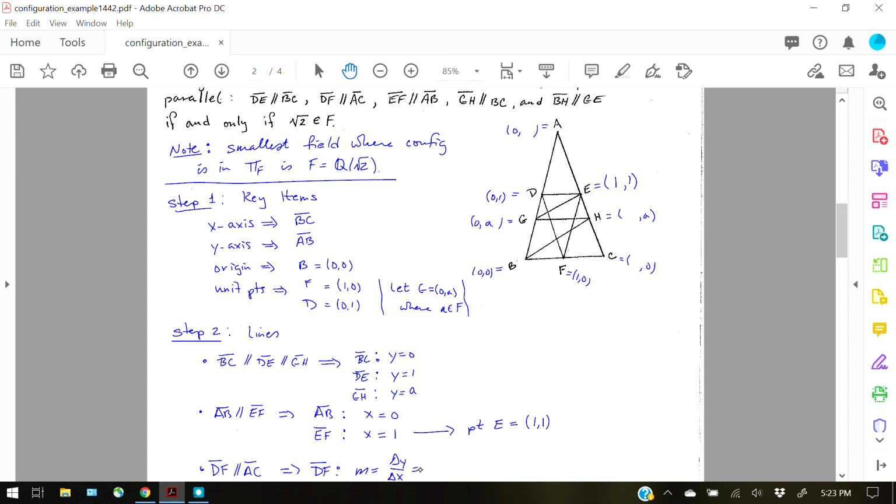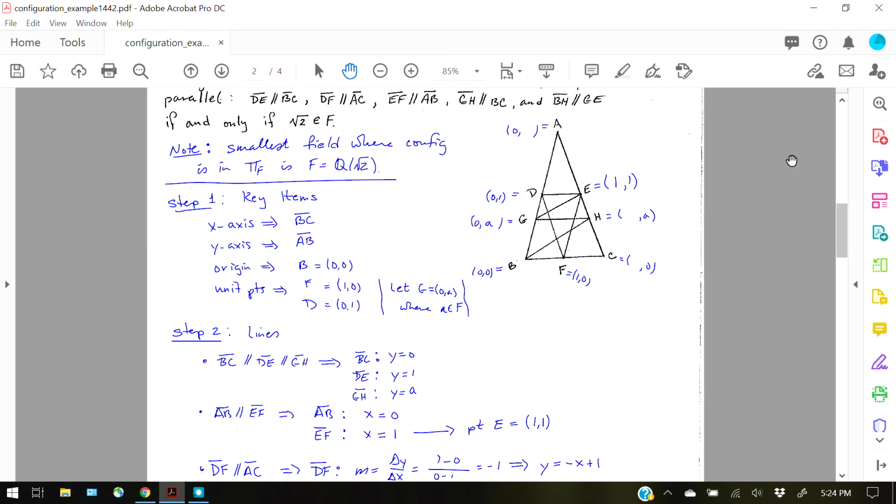If we look at our 2 points, D and F, the change in y coordinate is 1 minus 0 when I did D first. Still doing D first, x coordinates are 0 and 1, and this means we have a slope of -1. Now, the nice thing is, for DF we know immediately what our y-intercept is. It's point D. So this is totally the line y equals -x plus 1.